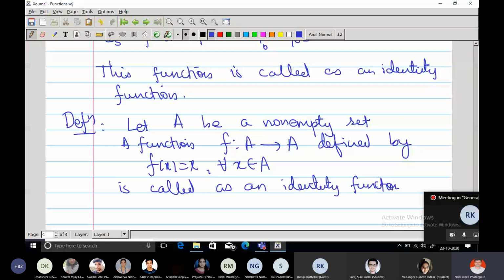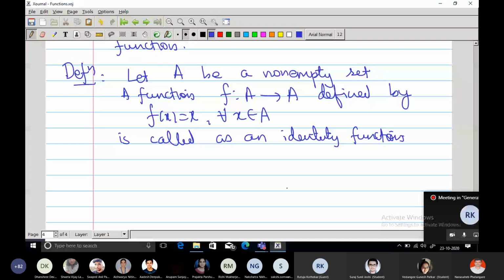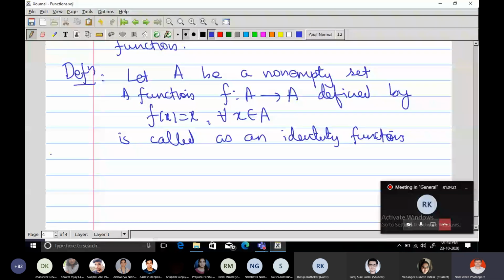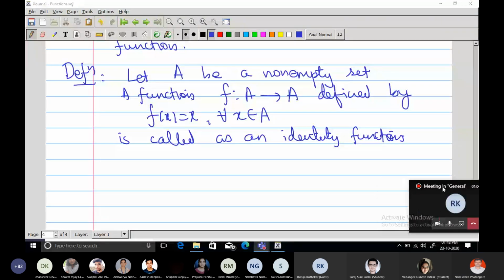So this function is called an identity function. Can you tell me one more example of an identity function other than the one we defined before?